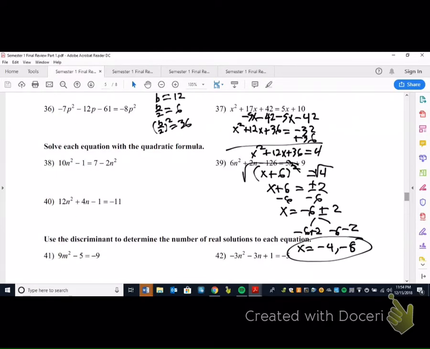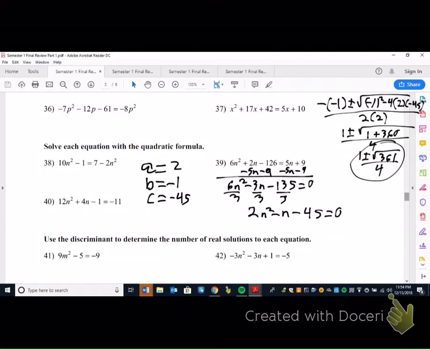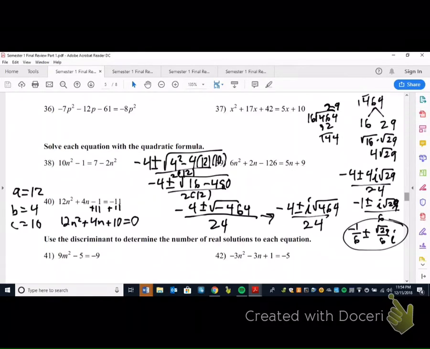So there we have, again, what we're doing is, with a quadratic, we are putting it into that formula. And there we go. Notice here that we end up with an imaginary root, or an imaginary answer. Again, if you're not sure how to do these, come by, see me, and I'll walk you through it.